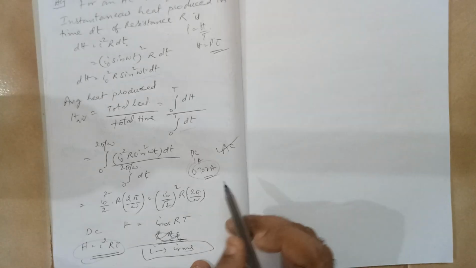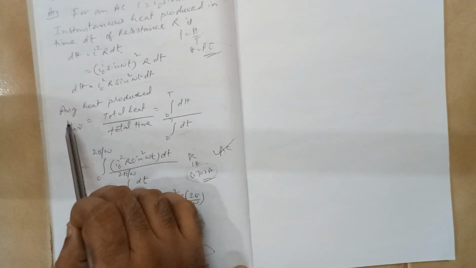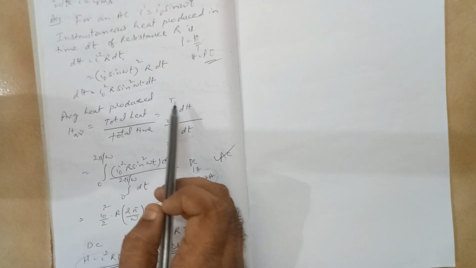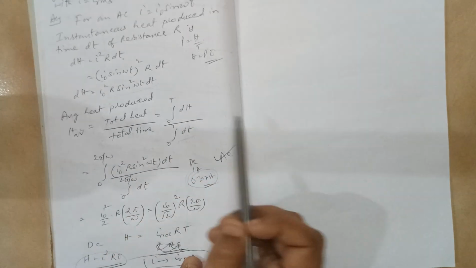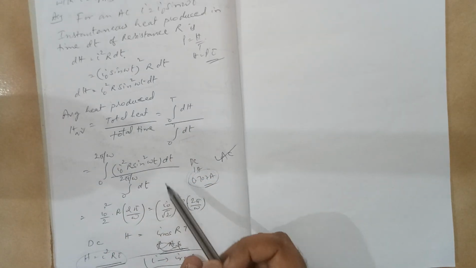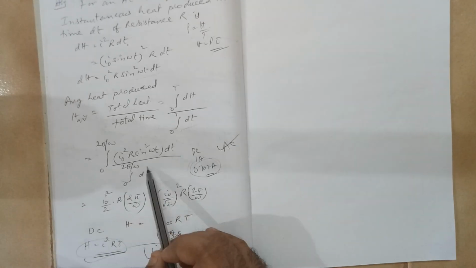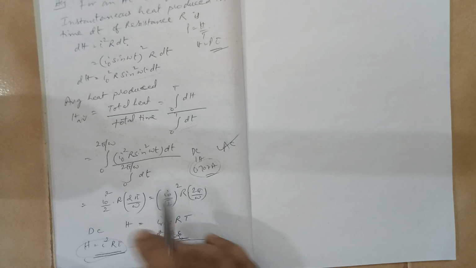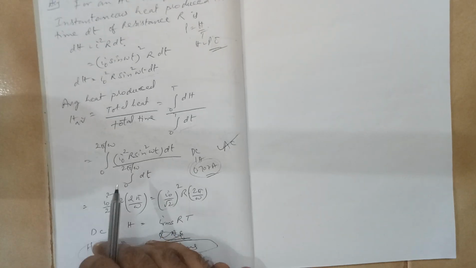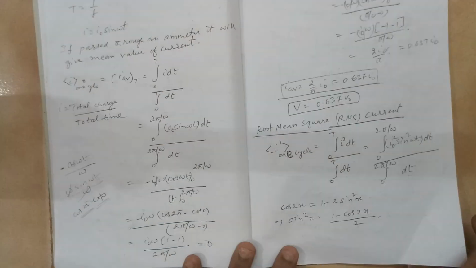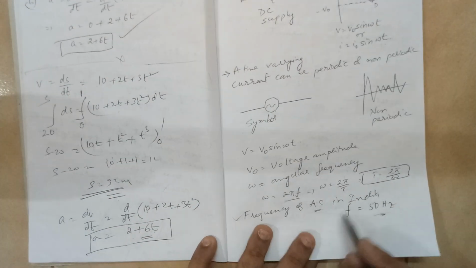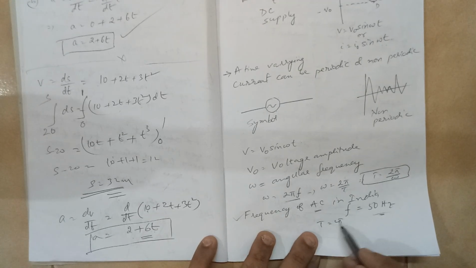And here the total average heat produced and total time. So time is 2 pi by omega, it is divided by time. So 2 pi by omega by 2 pi. You see here we have derived the expression T is equal to 2 pi by omega.